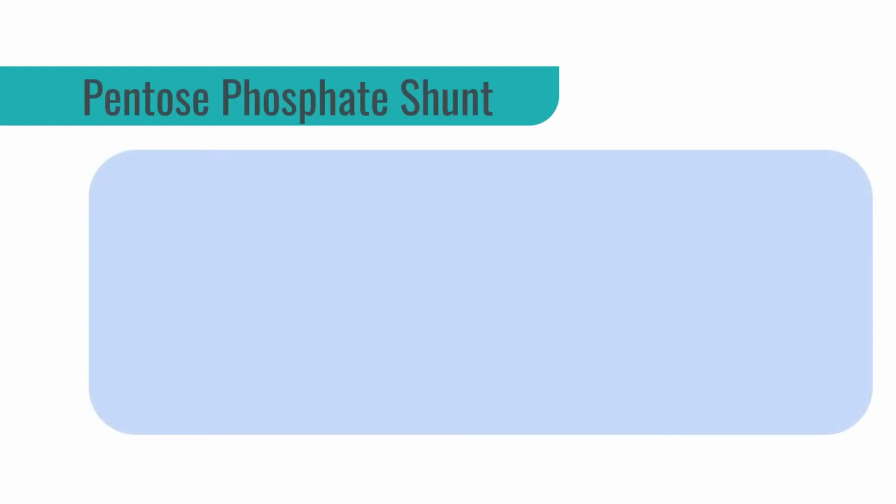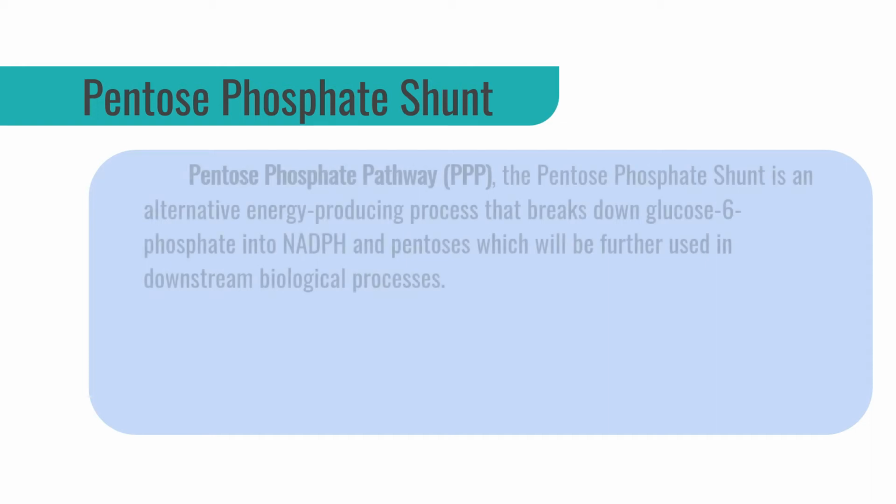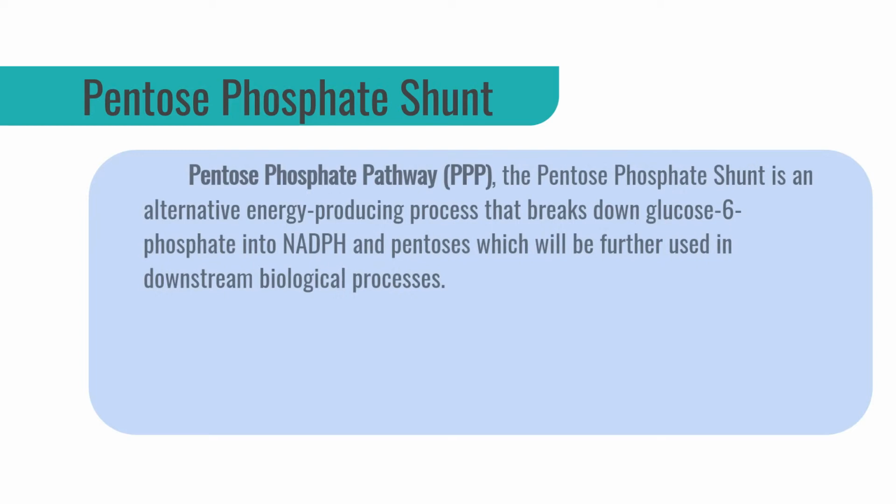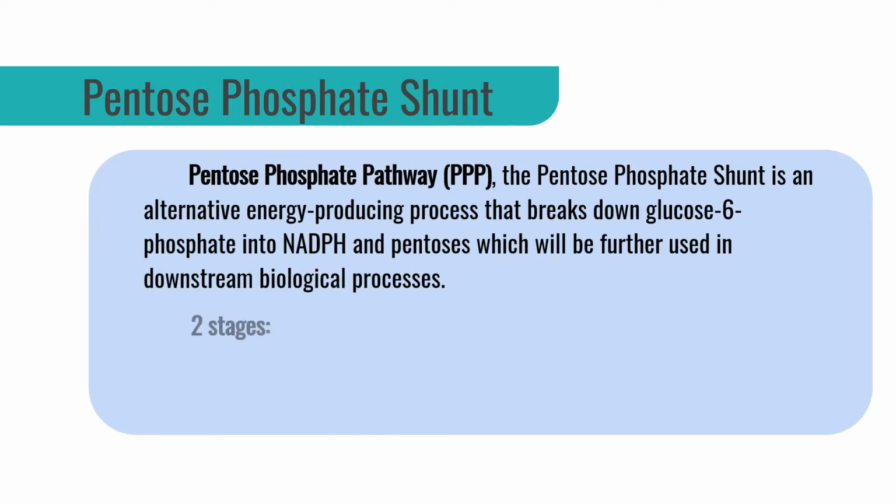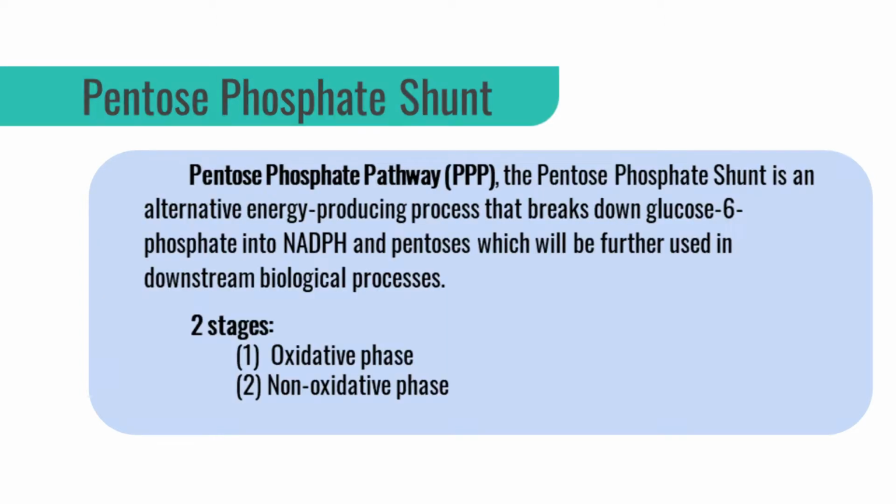Next, we have the pentose phosphate shunt. It's an alternative energy-producing process that breaks down glucose 6-phosphate into NADPH and pentoses, which will be further used in downstream biological processes. There are two stages: first, the oxidative phase, and second, the non-oxidative phase.